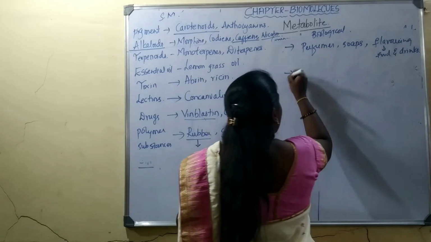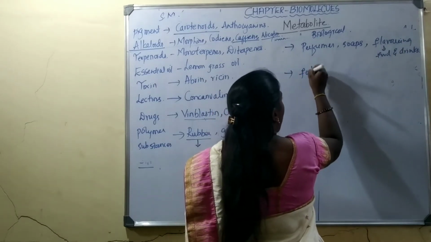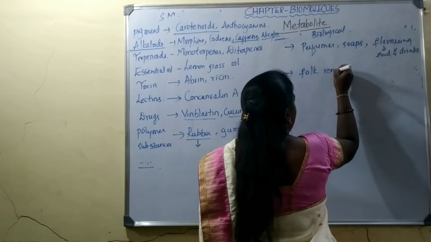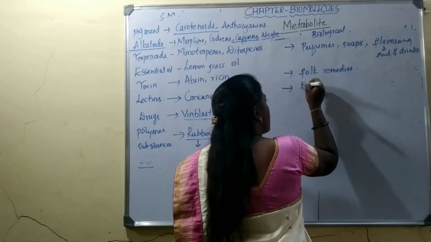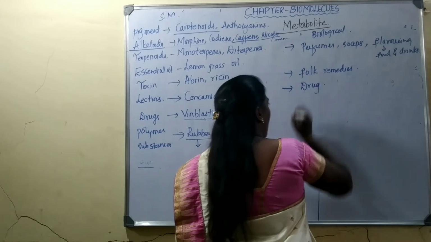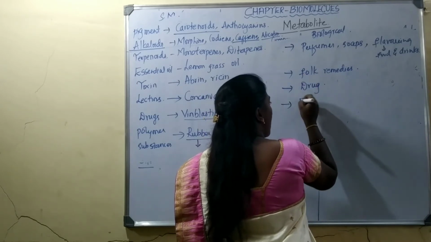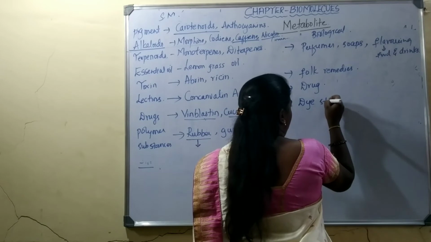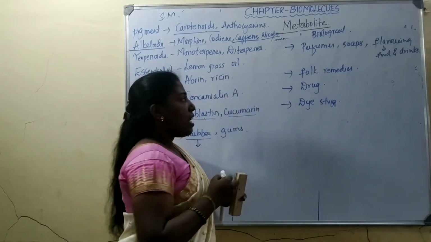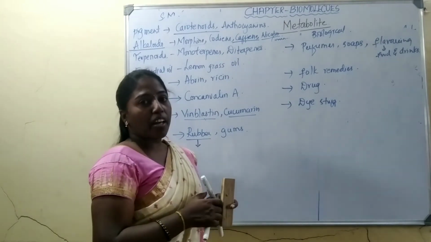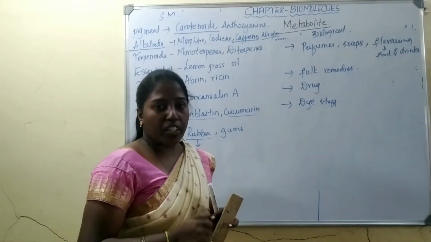Okay, and even as folk remedies. Okay, so it is used as a drug, and even as a dye stuff. Okay, so these are some of the examples of secondary metabolites and their biological significance.